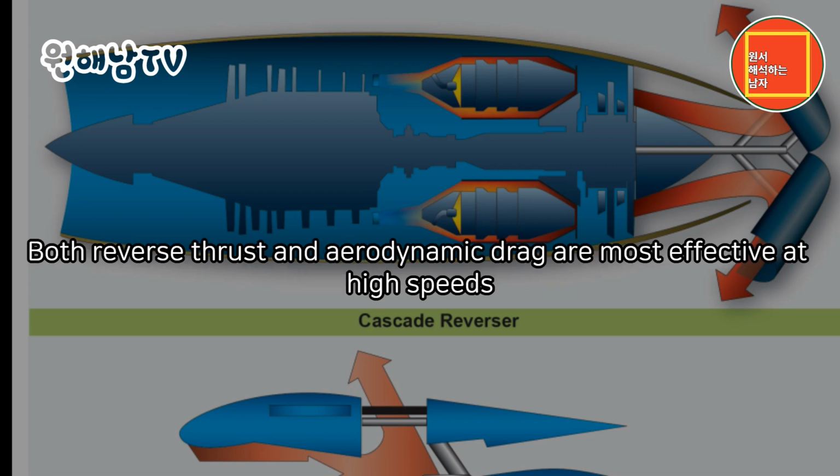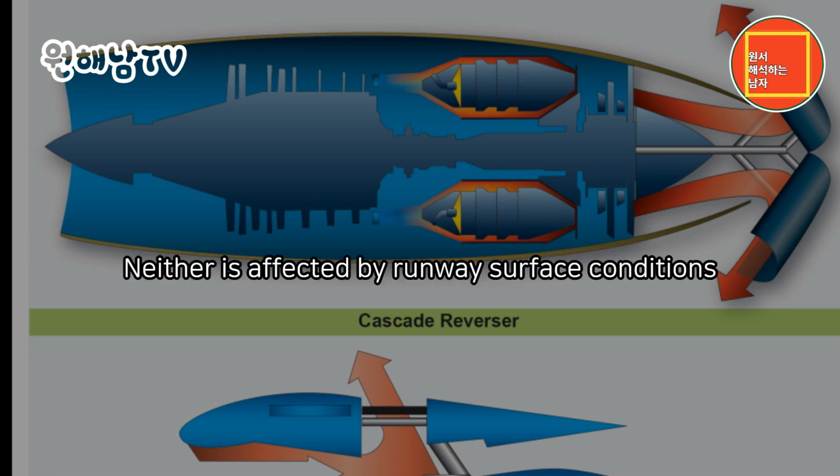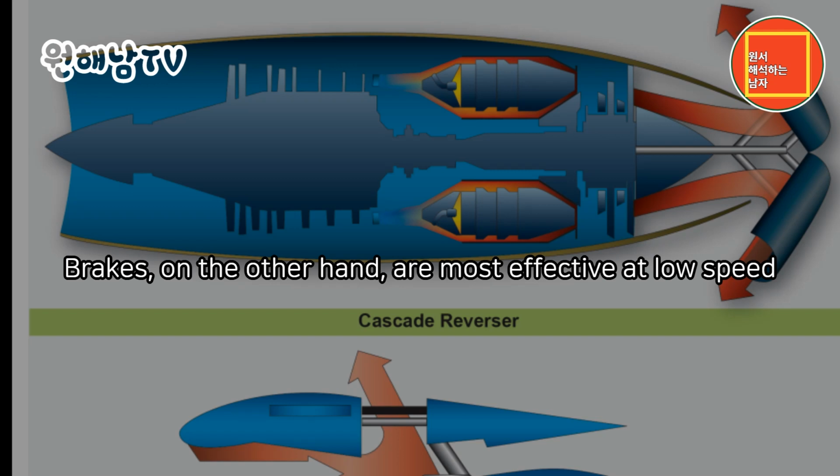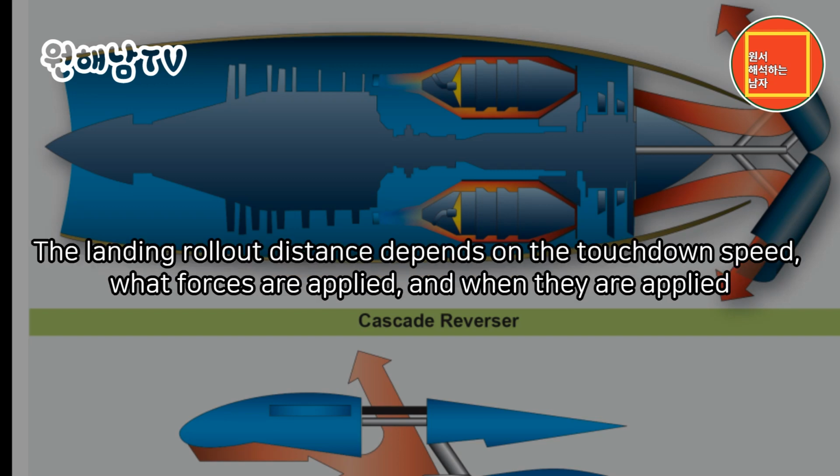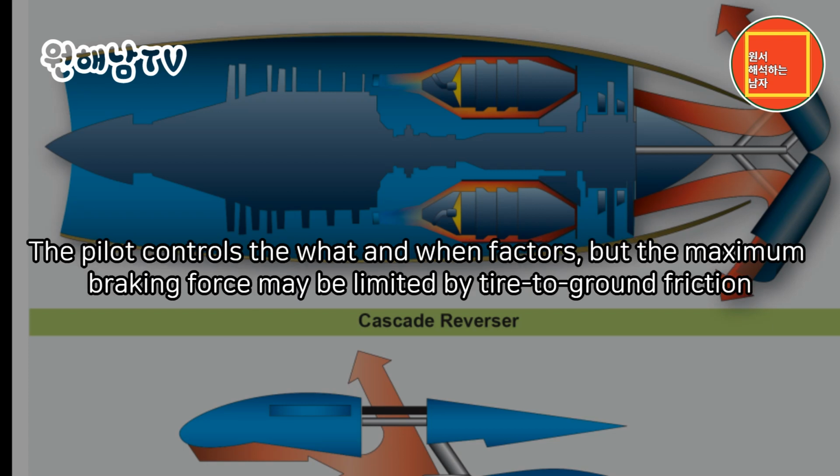Both reverse thrust and aerodynamic drag are most effective at high speeds. Neither is affected by runway surface conditions. Brakes, on the other hand, are most effective at low speed. The landing rollout distance depends on the touchdown speed, what forces are applied, and when they are applied. The pilot controls the what and when factors, but the maximum braking force may be limited by tire-to-ground friction.